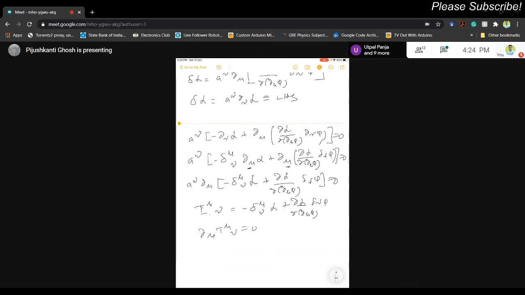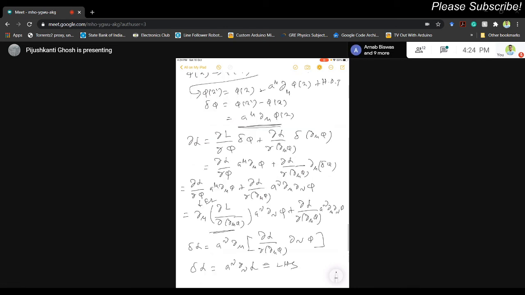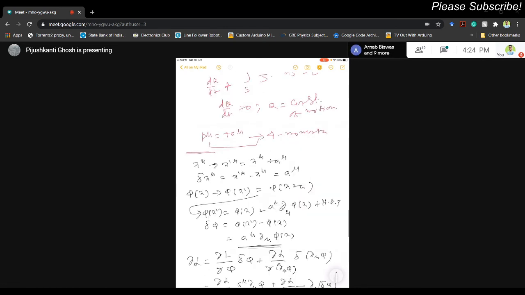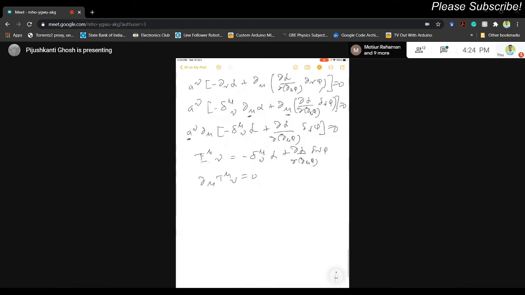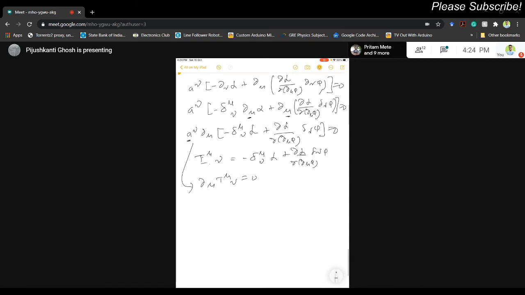Now note that here this a^mu, because this appears in this x transformation, x prime mu is equal to x^mu plus a^mu. So this is arbitrary. If we take any specific value, then this is meaningless. So in order to go from this step to this step, what we have done is that we kept a^nu arbitrary.